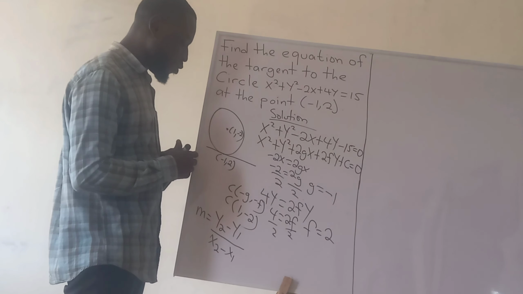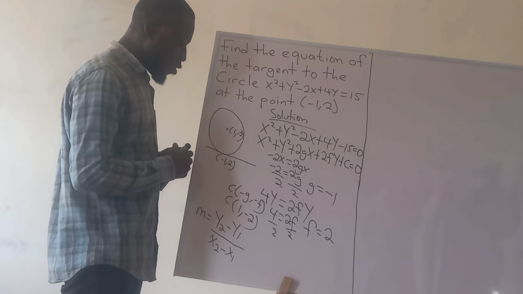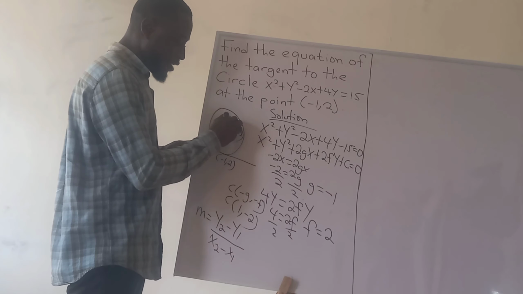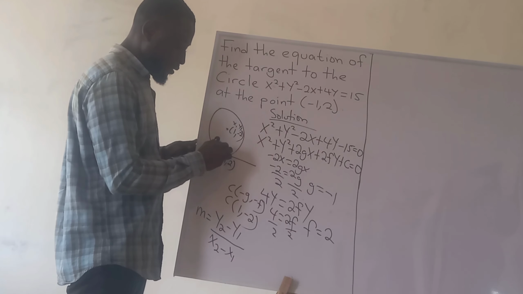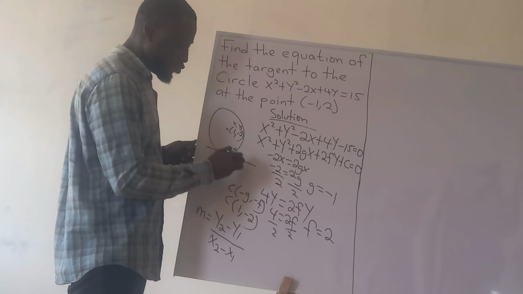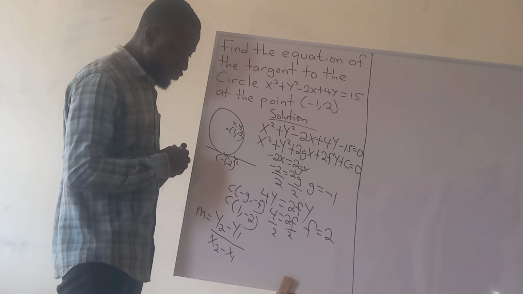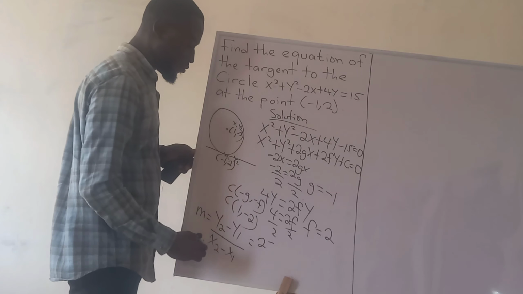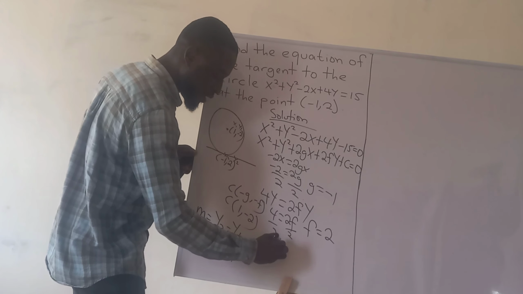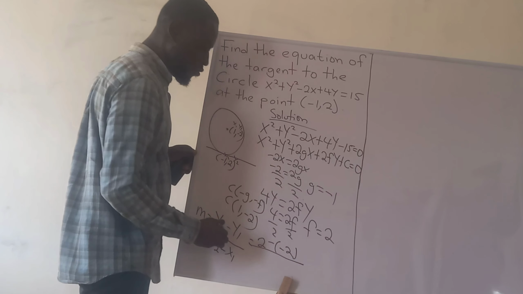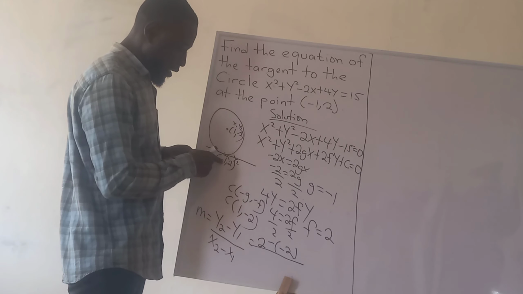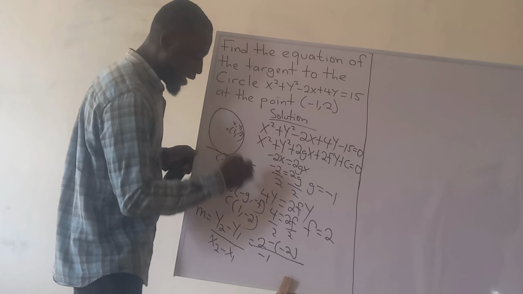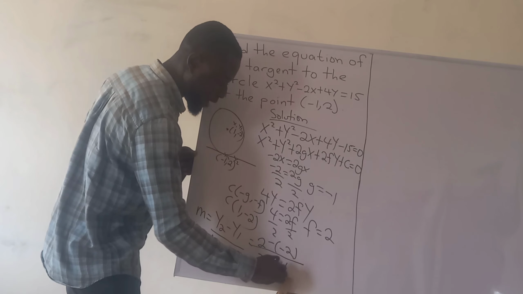So this will be x1, y1, x2, y2. Our y2 is 2. So it will be 2 minus y1, which is -2, all over x2 which is -1, minus x1 which is 1.